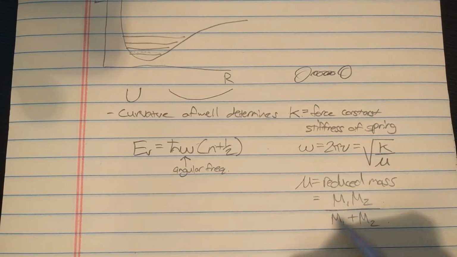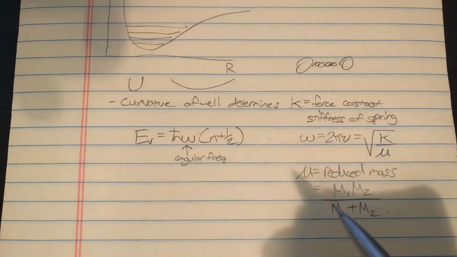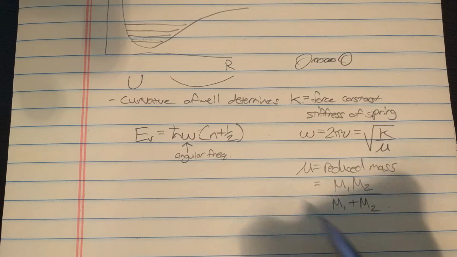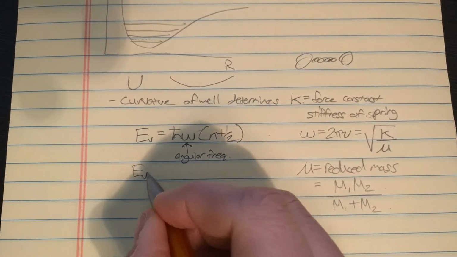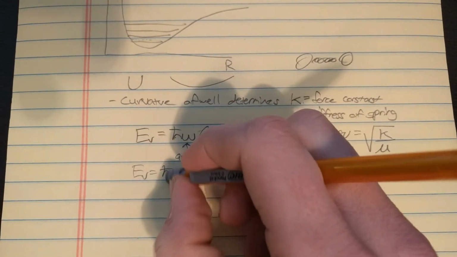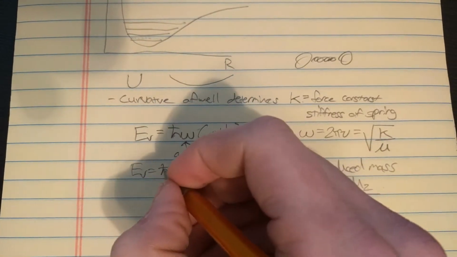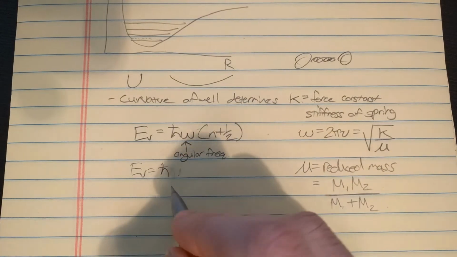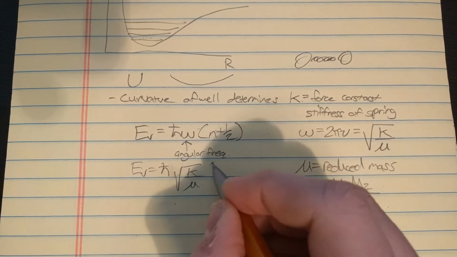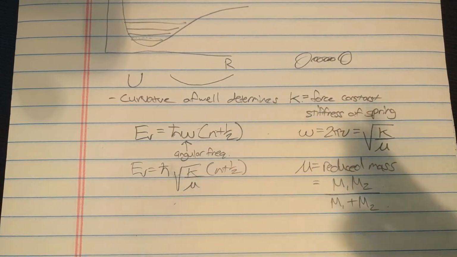But we're just working with 2 atoms here to keep things simple. So we can also write this energy up here as equal to h bar omega, and what I want to do here is substitute for omega. So h bar square root of k over mu, times n plus a half.